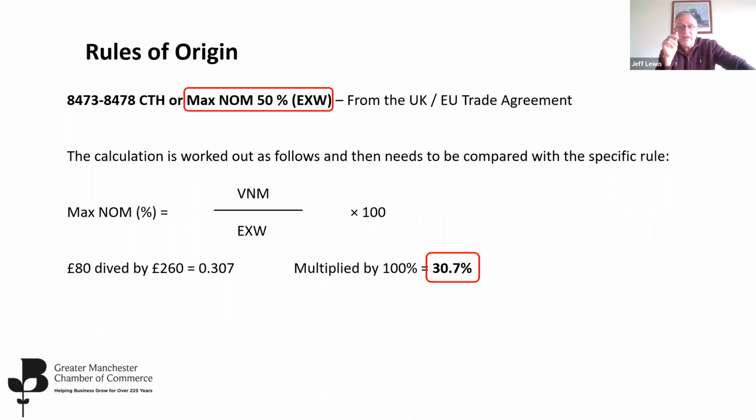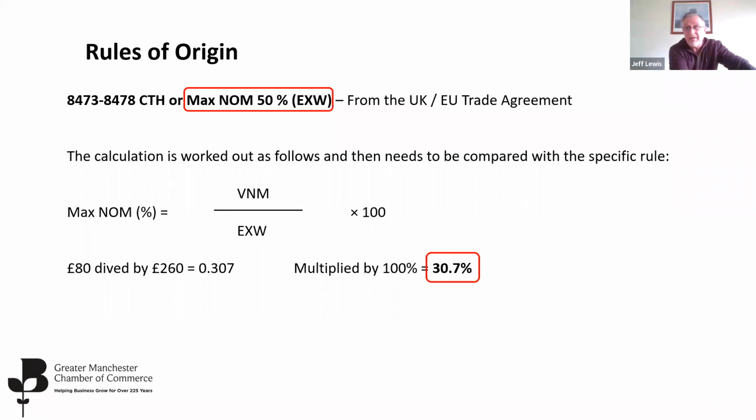To do that, we use a simple percentage calculation, which is the value of the non-originating materials over the ex-works value. So in this case, it's 80 over 260 and gives us 30.7% non-originating material value. When we look at the trade agreement, we know we meet the rule of origin.